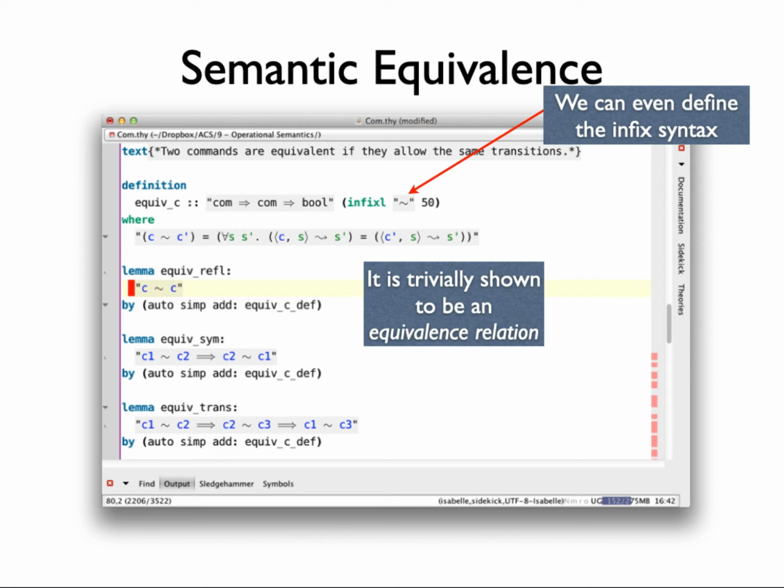And of course, here is a common pattern of use that you see, where you call auto and you give the very definition of the thing you're interested in as a simplification rule. You shouldn't always do that, of course, because eventually you'll have enough high-level properties of semantic equivalence that you will want to stick to those and no longer keep expanding its definition.